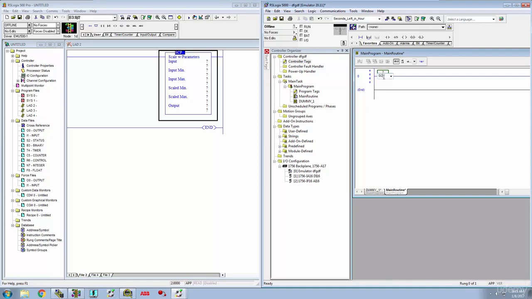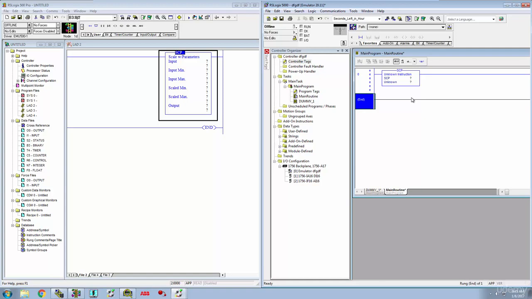So come in here, type out my SCP, hit enter, and look at that. It's an unknown instruction. So we have SCP in 500, but there is no scale with parameters in 5000. So that's something that we have to do differently in 5000.